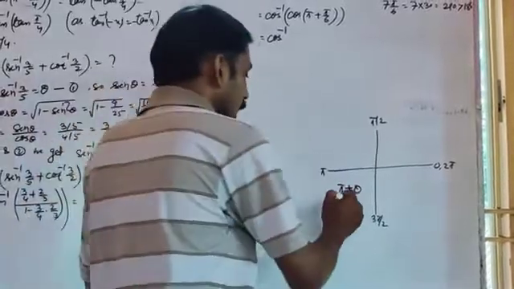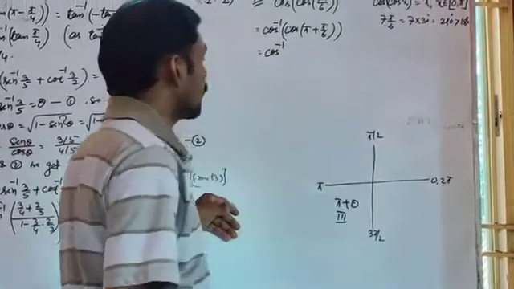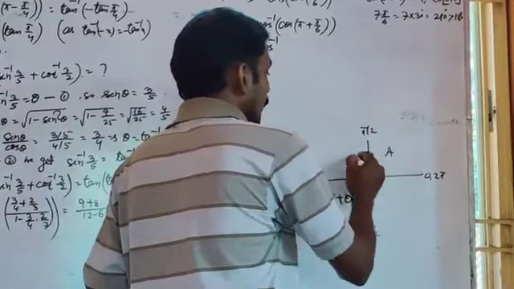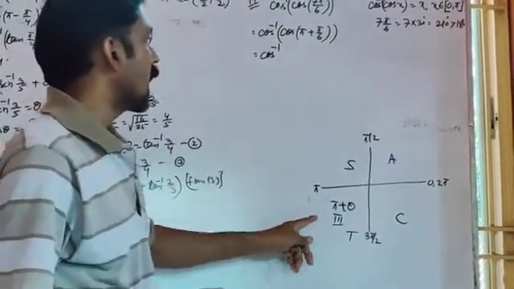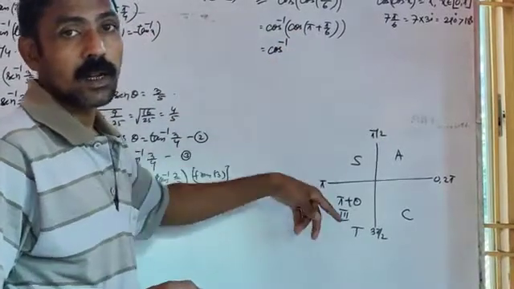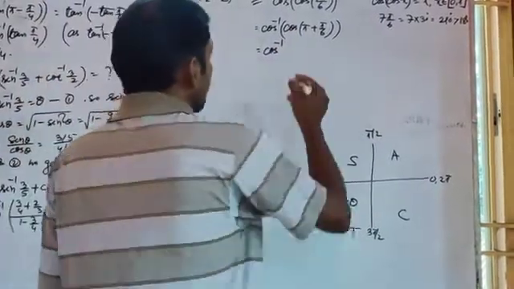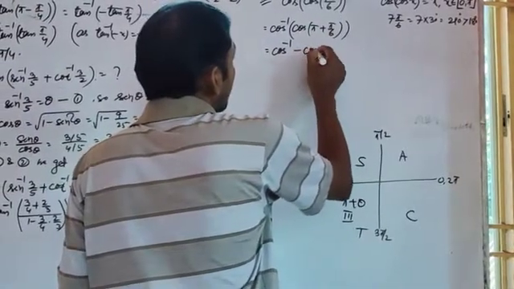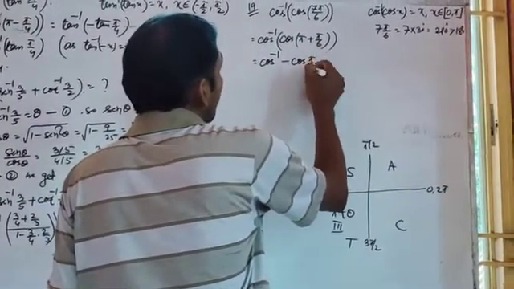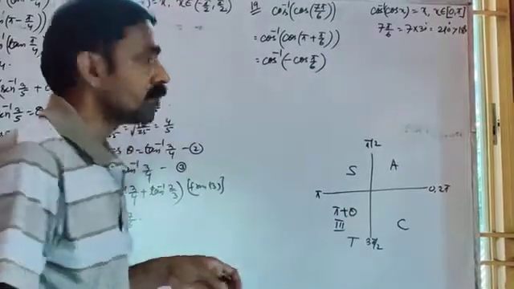Pi plus theta is in the third quadrant. And by ASTC rule, in the third quadrant cos is negative. So here we can write cos of pi plus theta is equal to minus cos theta.